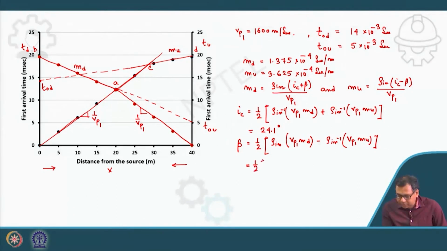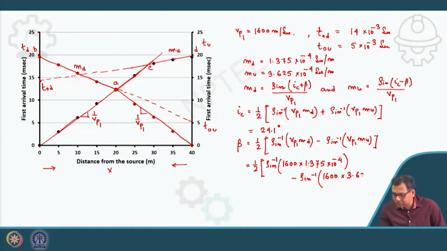So if I put the values this time, Vp1 is 1600, md is 1.375 into 10 to the power minus 4, minus sine inverse again 1600 into 3.625 into 10 to the power minus 4. Okay, and now I will get the beta value as minus 11.4 degree.